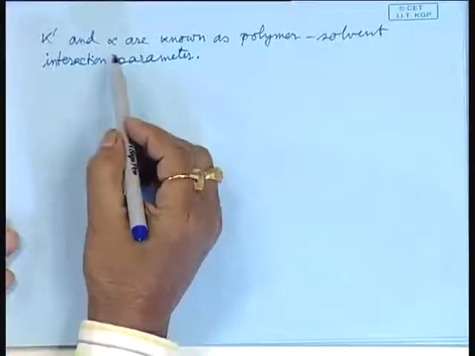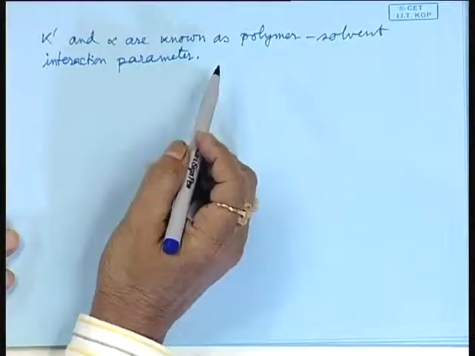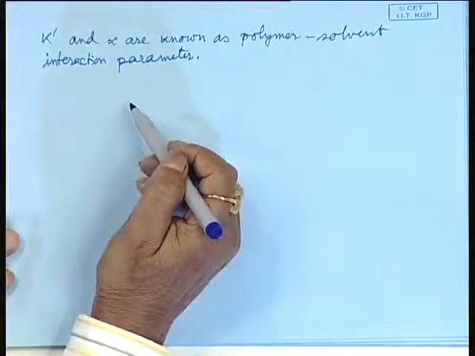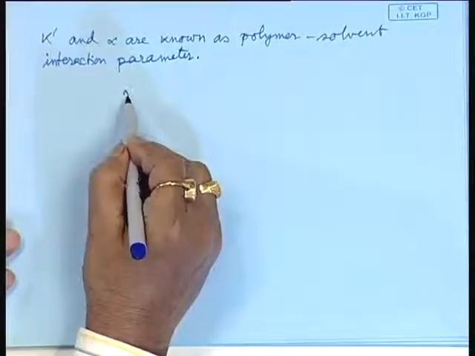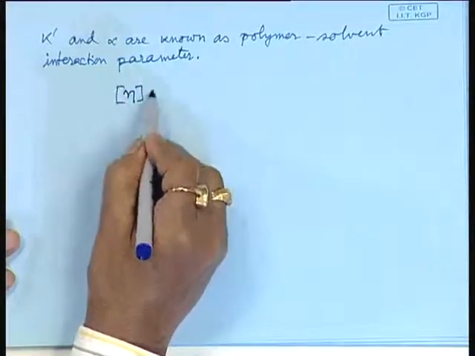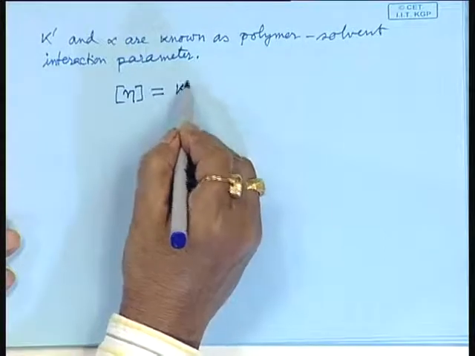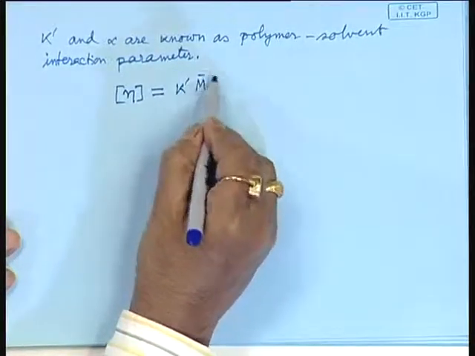So, here K prime and alpha are polymer solvent interaction parameters. If those values are known for a system, then from this relation, eta intrinsic is equal to K prime M v bar to the power alpha.